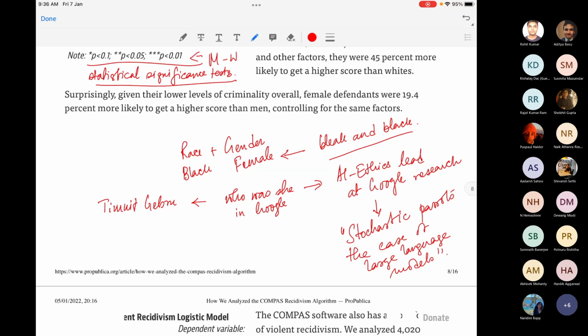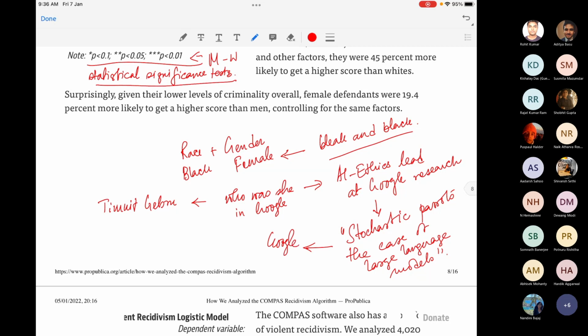This paper was about how large language models use a lot of computing resources and therefore leave a huge carbon footprint. This included some of the language models that were released by Google itself.